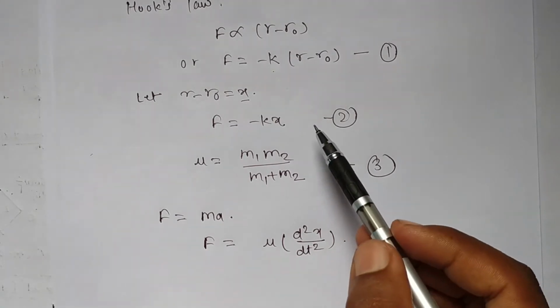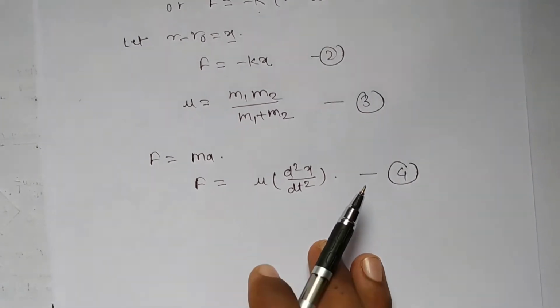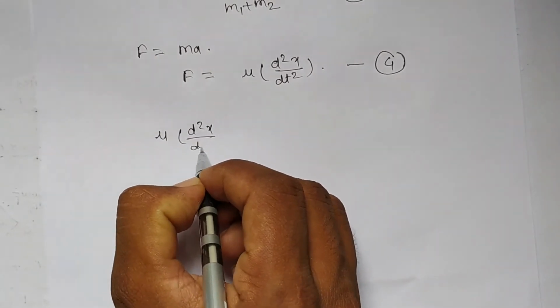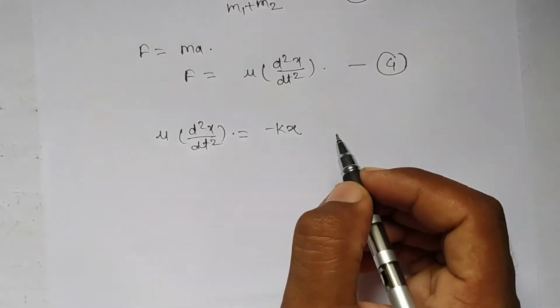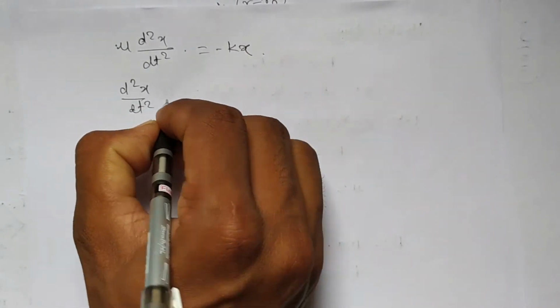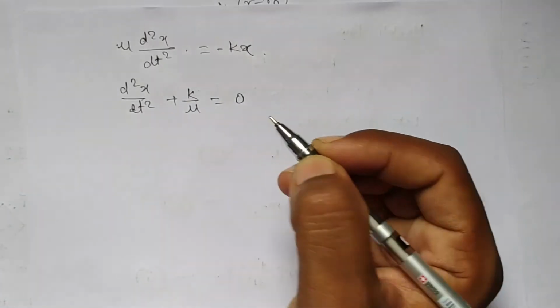Now, comparing equations 2 and 4, we get mu d square x upon dt square is equal to minus kx, or d square x upon dt square plus k upon mu x is equal to 0.